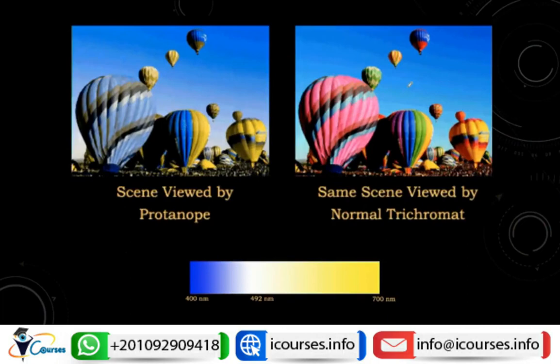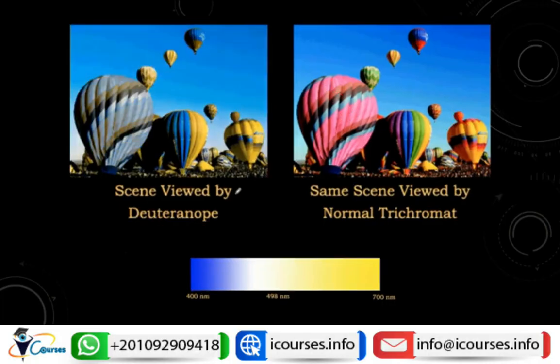So here is the normal color, as seen by a normal individual. And here is the scene viewed by the protanope. He cannot see the red color, so this red color cannot be seen, and this, and this, and this. So he has a deficiency in the red cones.